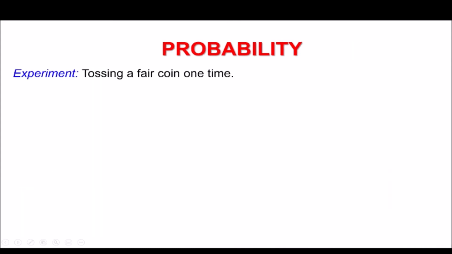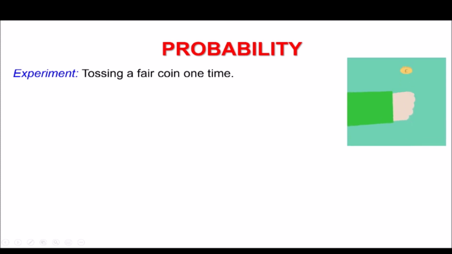Suppose that the experiment is tossing a coin one time. To find the outcomes, we need to find the possible results of tossing a coin. The possible results are either heads or tails. So, that is our outcome.